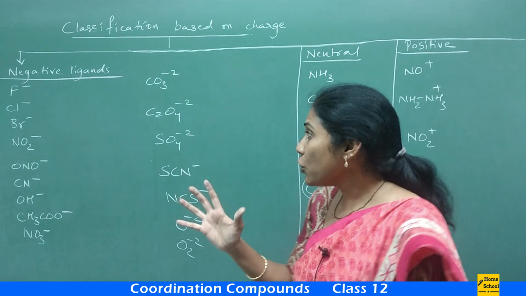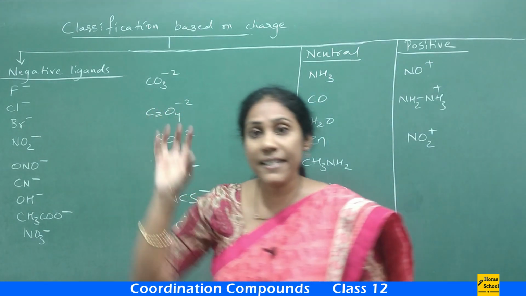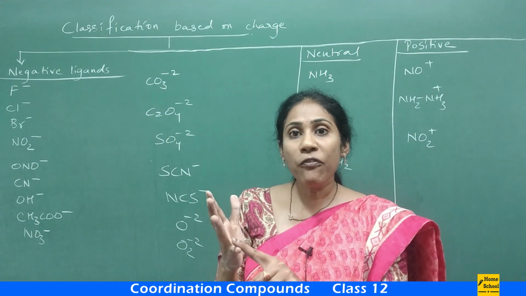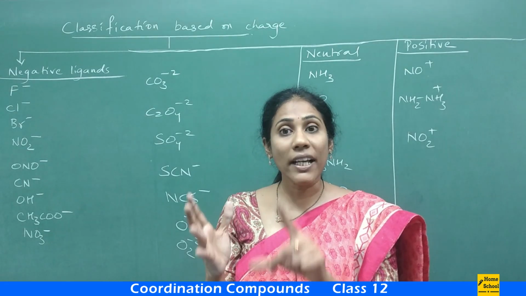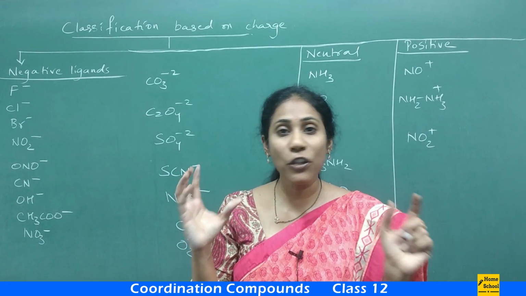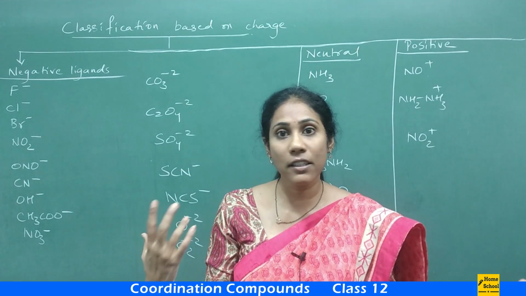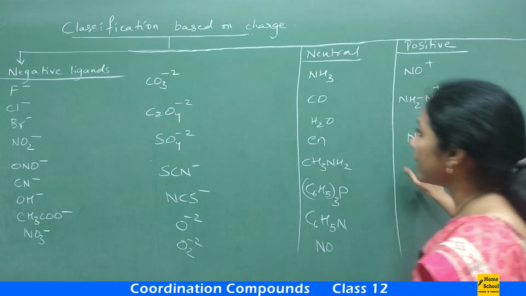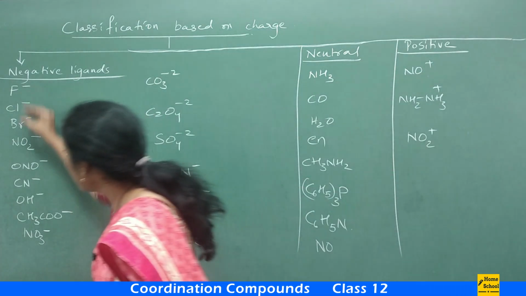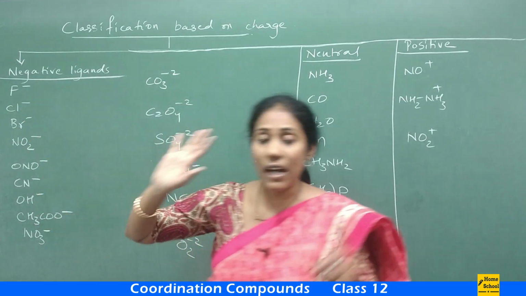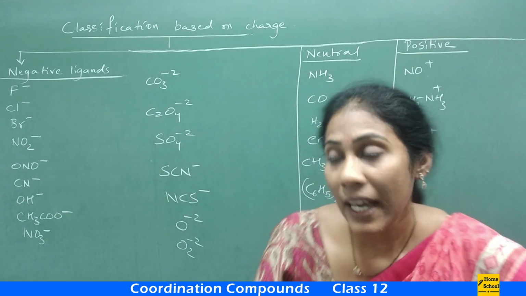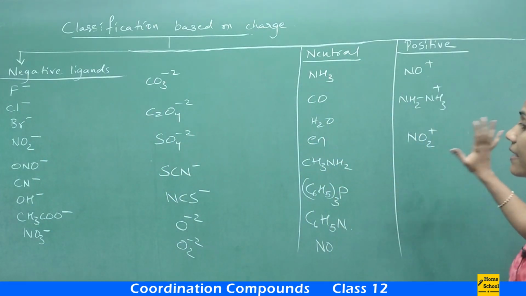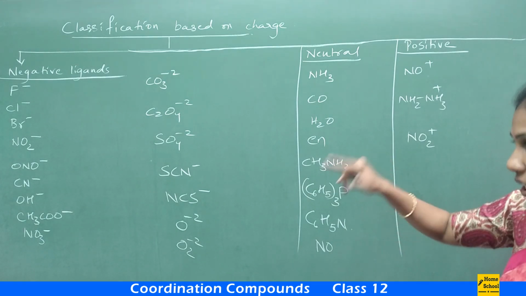And the name of a ligand is important to write the IUPAC name of a complex. That also we'll discuss in future videos. So for the list of ligands I gave you, their charge and their names are compulsory to remember. At least for these ligands you need to know their charge and name.